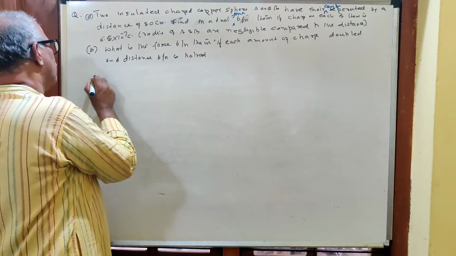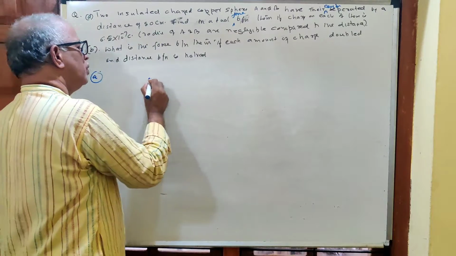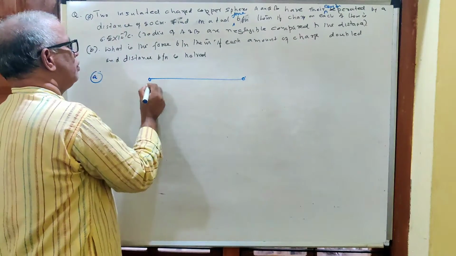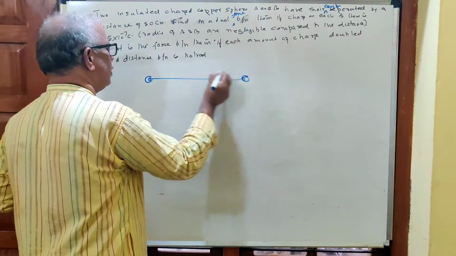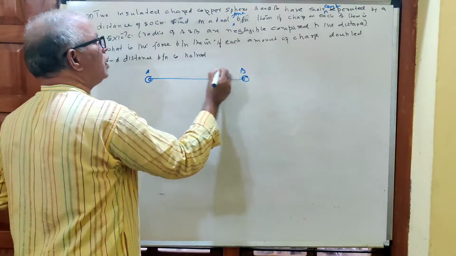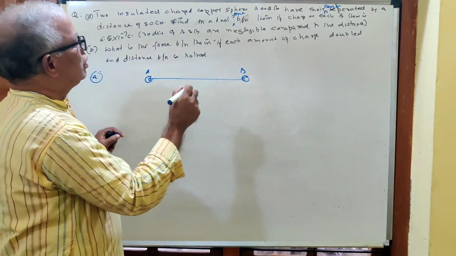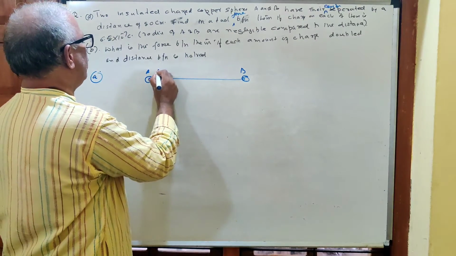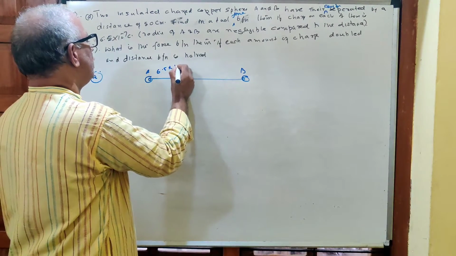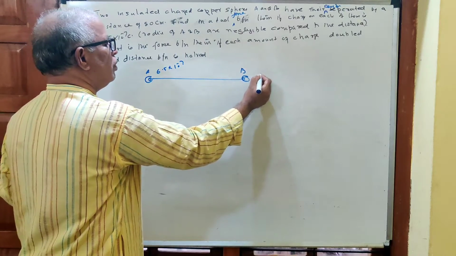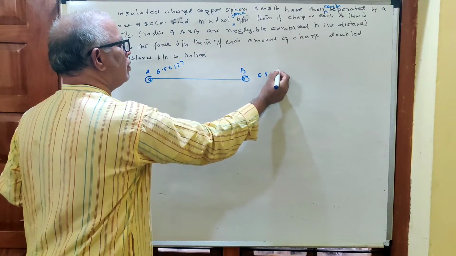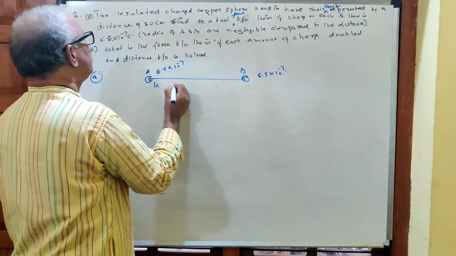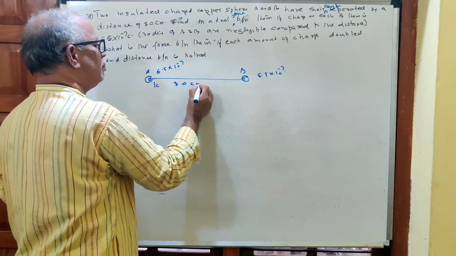It's a very simple problem, from NCERT. One sphere A, the other sphere B, charge is 6.5 into 10 to the power minus 7 on each. Distance is 50 centimeter.